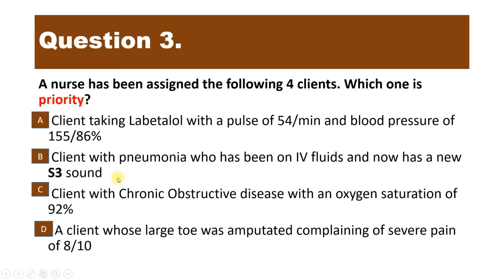C. Client with chronic obstructive disease with an oxygen saturation of 92%. D. A client whose large toe was amputated complaining of severe pain of 8/10. Yes, write down your answer and we'll see whether what you have written down is the answer. Which client are you going to prioritize here?